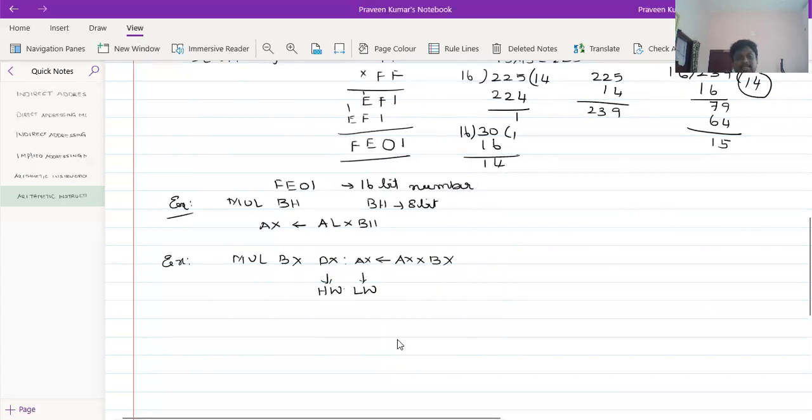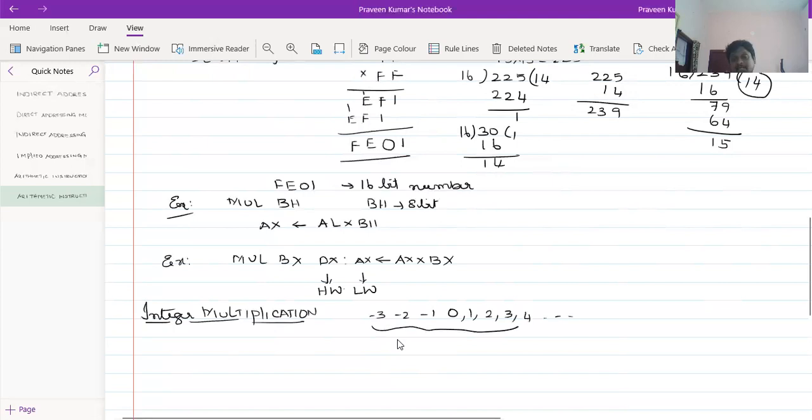Now the next instruction is integer multiplication. We know what an integer is. Integers are 0, 1, 2, 3, 4 and so on. On the other side there are -1, -2, -3.